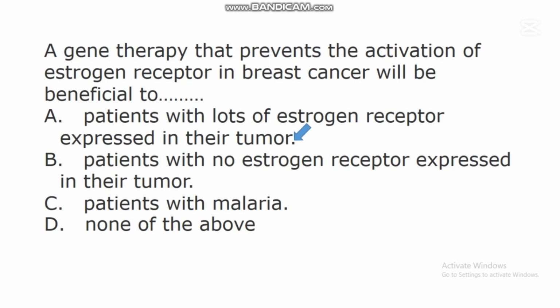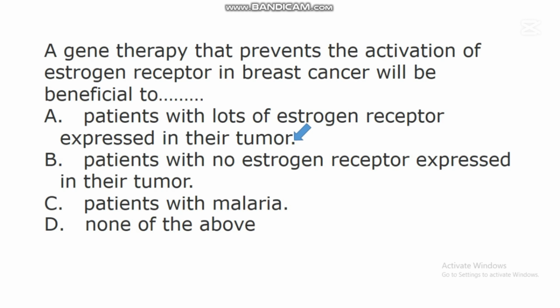Studies have shown that a gene therapy that has the ability of preventing the activation of estrogen receptor in breast cancer will be beneficial to patients with lots of estrogen receptor expressed in their tumor, because the activation of estrogen receptor in people with breast cancer is a way of encouraging tumor growth and development.